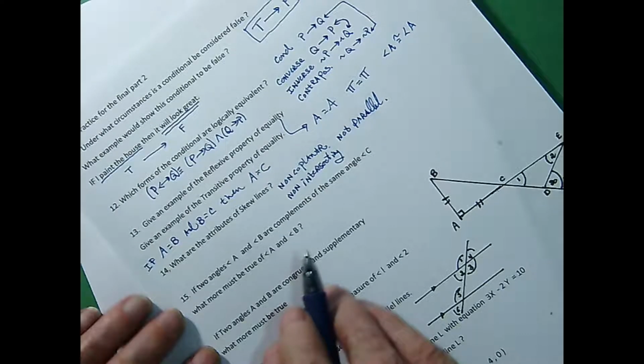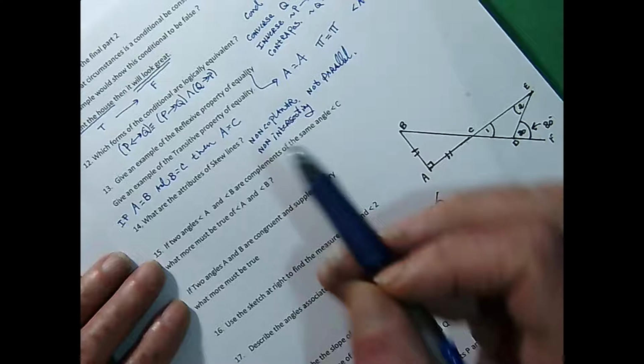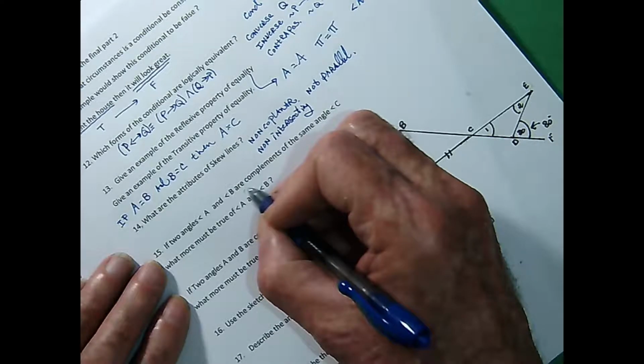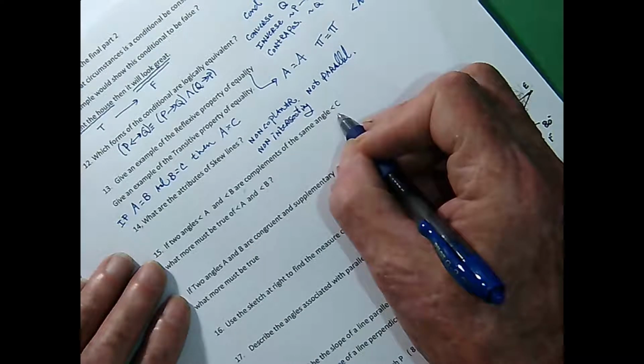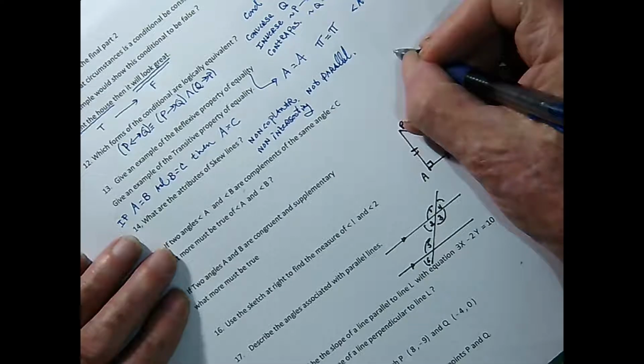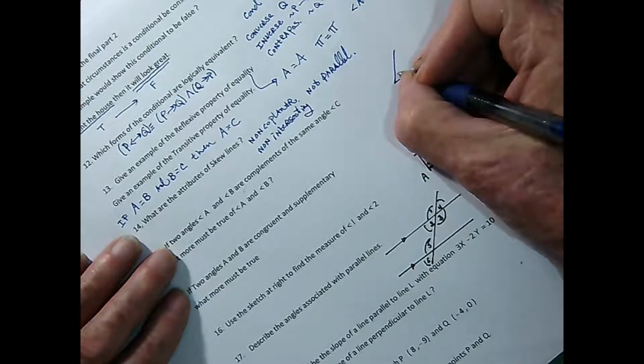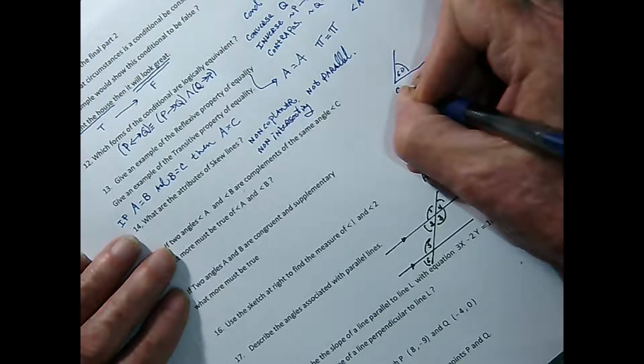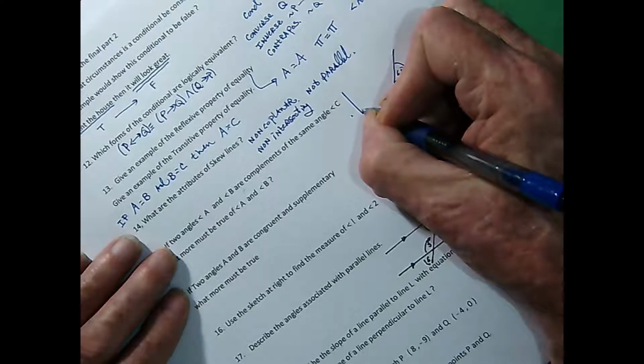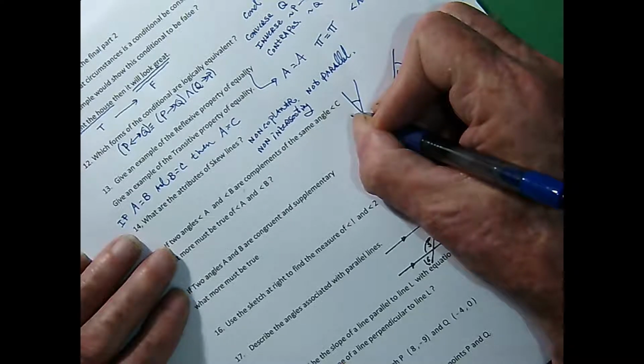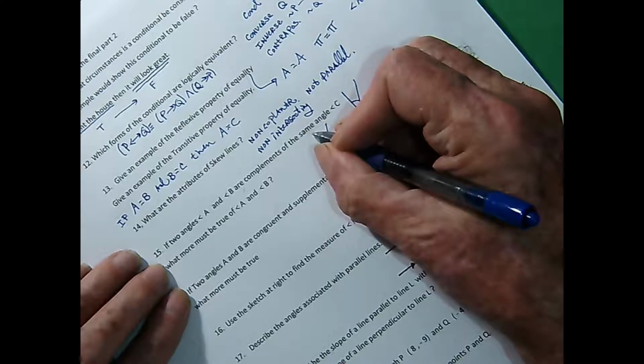Thinking about some theorems we might have discussed before. If two angles A and B are complements of the same angle C, what must be true about angle A and angle B? Let me just think about this angle C over here. Let's say that could be 60 degrees. Let's let that be angle C. And angle A is its complement. Angle B is also the complement.